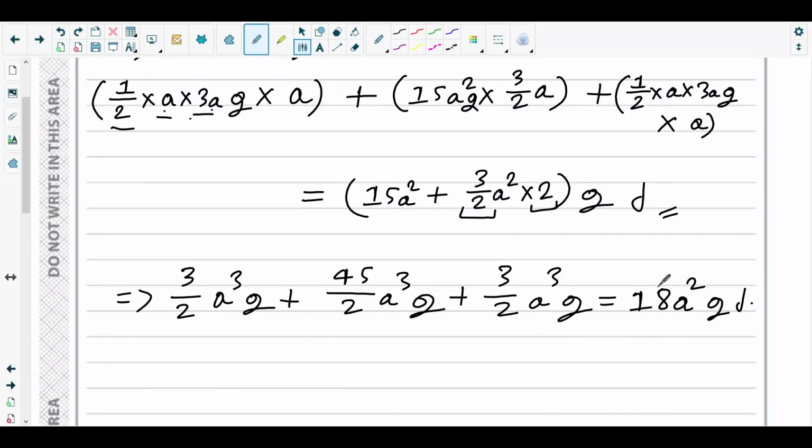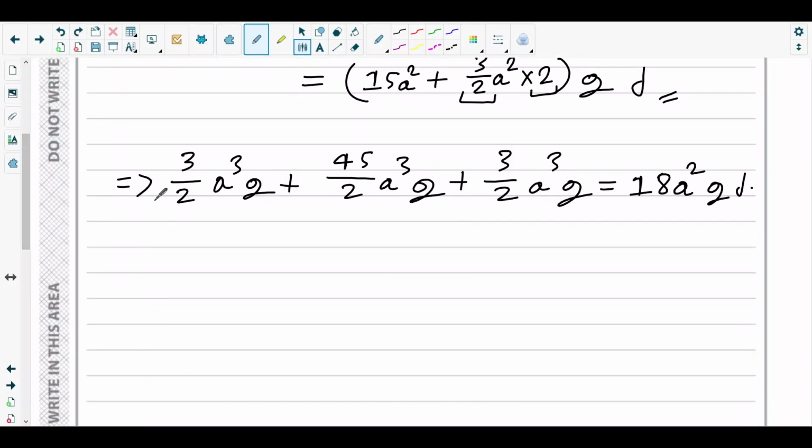That's why 18 a squared g d. Now cancel g from both sides, and a squared can also be cancelled from both sides, isn't it?